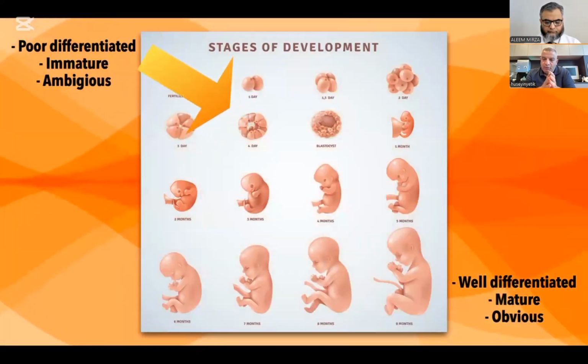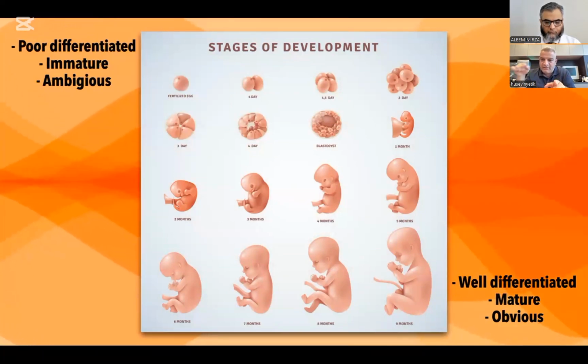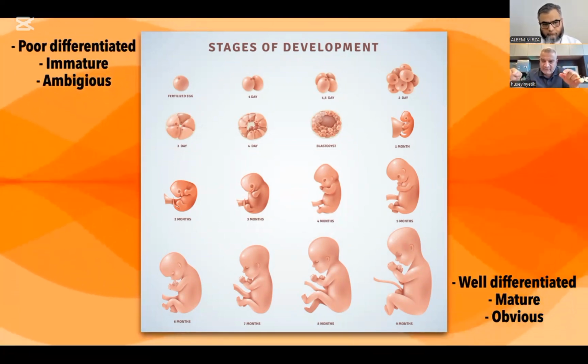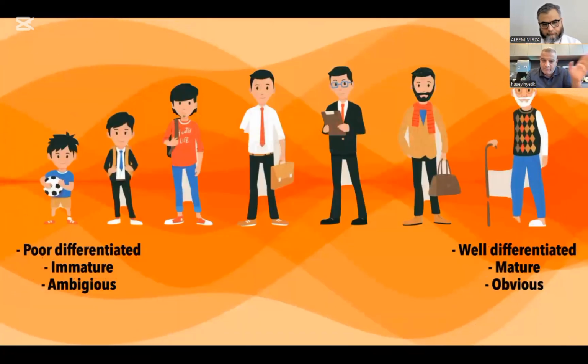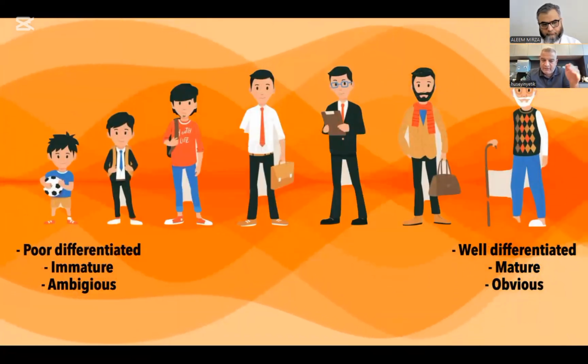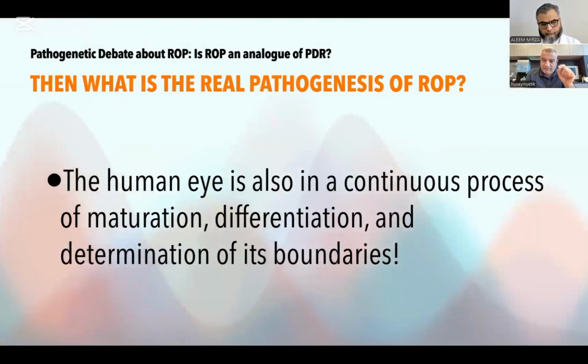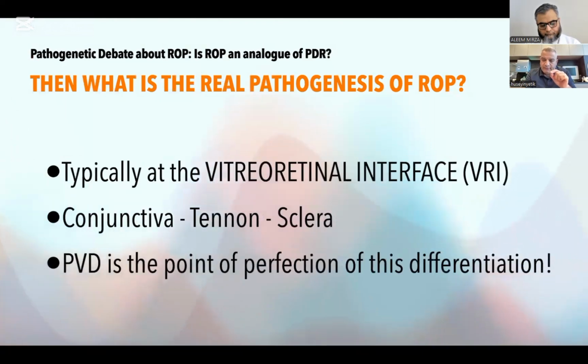And a human or organism goes through maturation by demarcating itself. We all started from the left and go to the right. More mature tissues are more demarcated. From left to right, you see immature, ambiguous, mature, obvious. We know there are some tissues going through the process of maturation. One of the most important areas of the eye is the vitreoretinal interface.